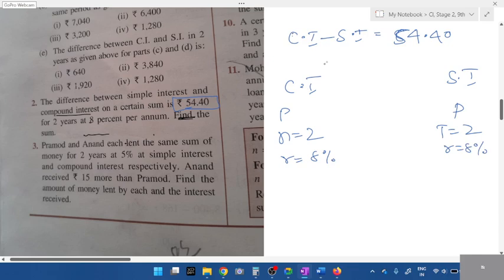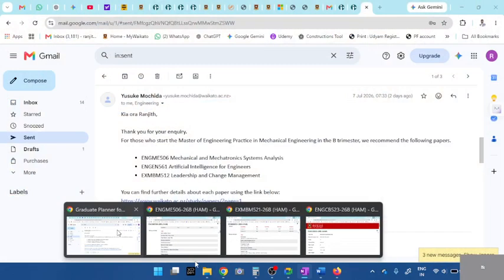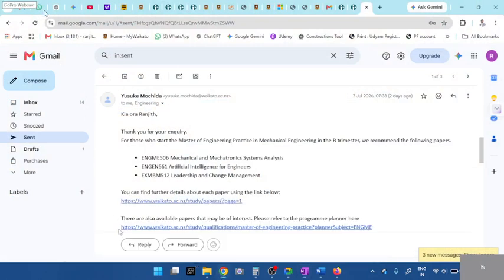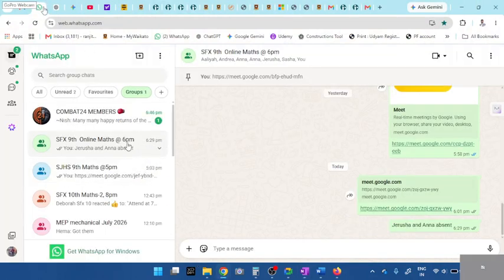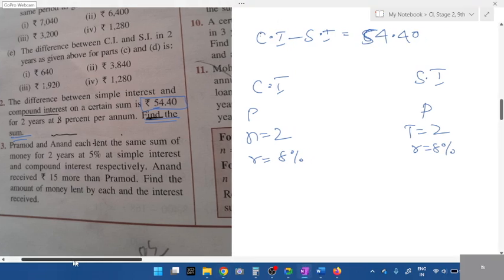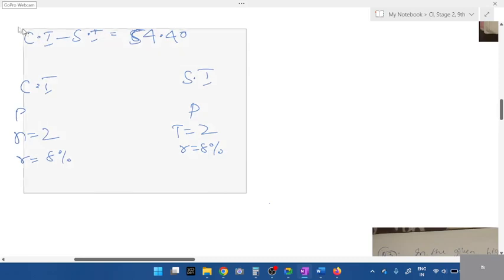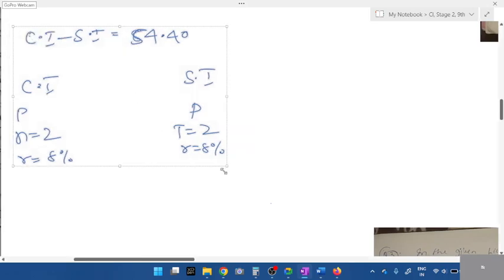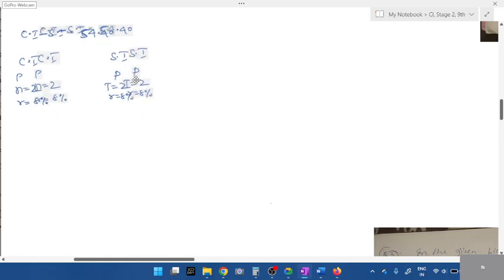Did you understand whatever I've written? What do we need to find here? We need to find the sum, principal. Okay, now let me solve this. So you'll have to be quick, students. First, compound interest.